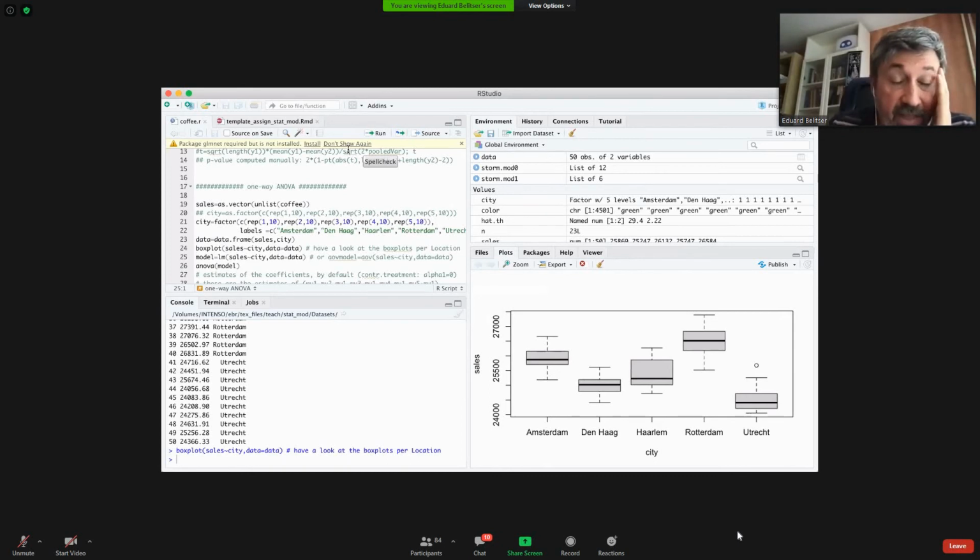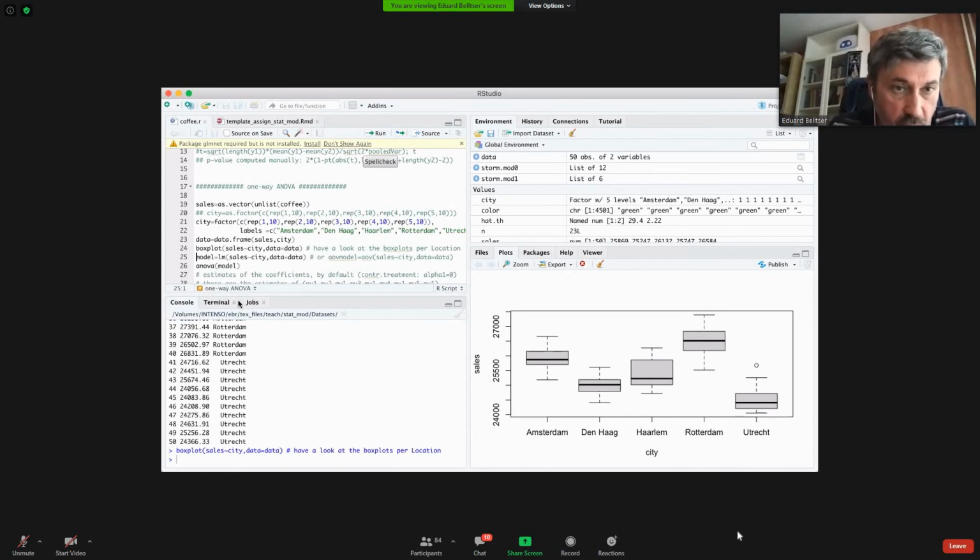And then this is the crucial thing, what you need to do. You create the so-called model, okay? This is how ANOVA runs. You create model. You say lm, linear model, and the sales is response, city is factor. And then you say which data you apply it to.